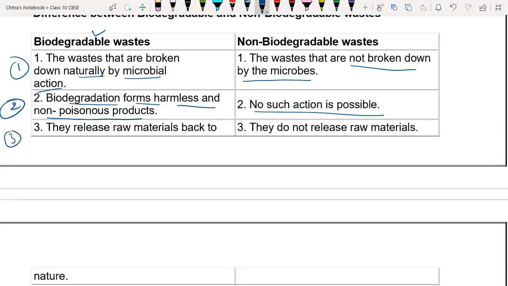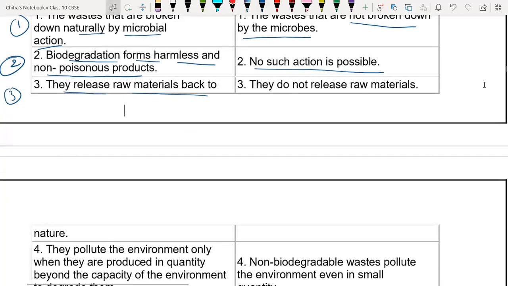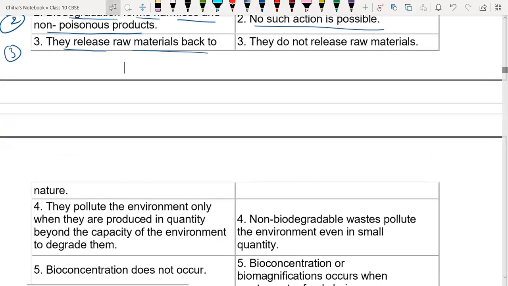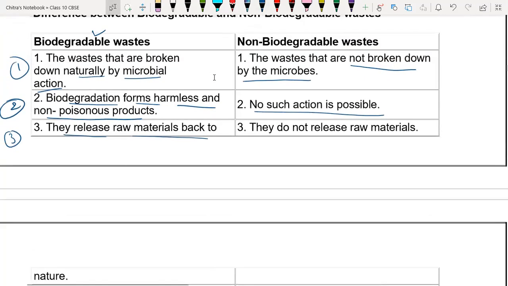Third point, again very important, they release the raw materials back to nature, and those substances can be used as manure or in simpler form so that plants can reabsorb nutrition from them. But non-biodegradable waste does not release raw material.